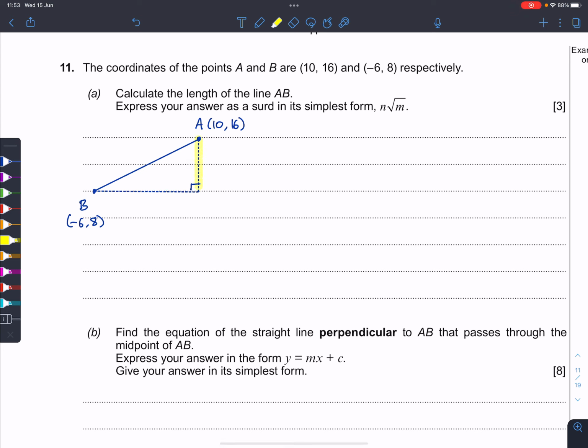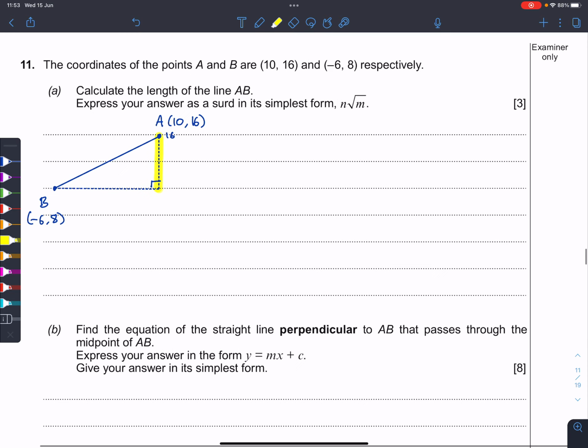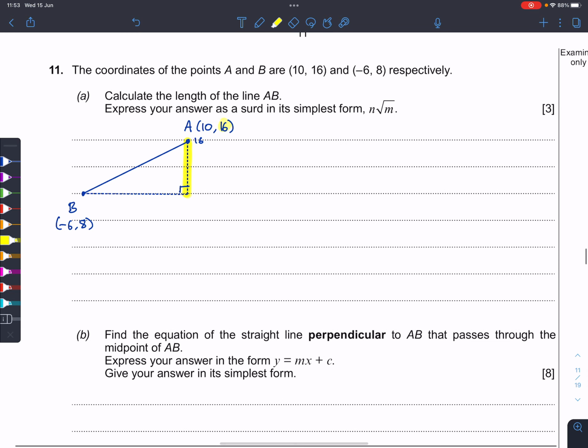So let's see if I can work out this height. Well, this height is 16 here, from that y coordinate, and it's 8 there from this y coordinate. So if we do 16 take away 8, that will tell us that this length is 8.